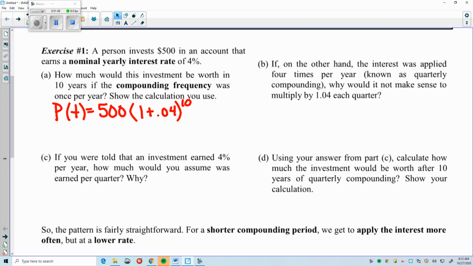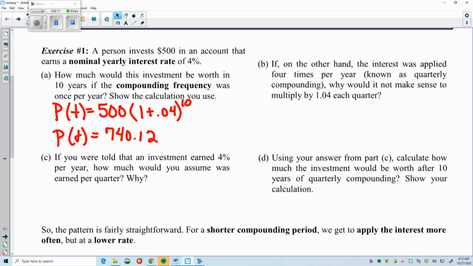If we plug this into the calculator, we find around $740.12. So only compounding once at the end of the year, but for a total of 10 years, at a 4% interest rate, that $500 is now a total of $740.12 in your account.